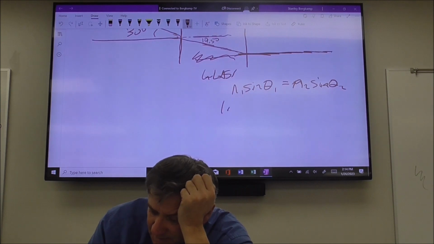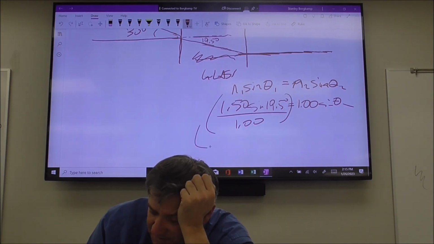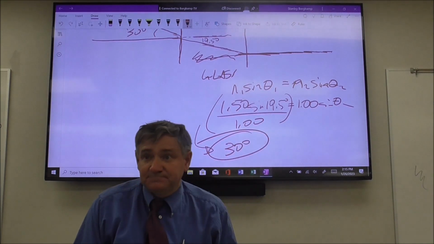Yeah. So 1.5 times the sine of 19.5 is going to equal N2, which is air, 1.00, times the sine of theta 2. So I'm going to divide by 1 and then take the inverse of all of that. And oddly enough, you'll get back to 30 degrees.